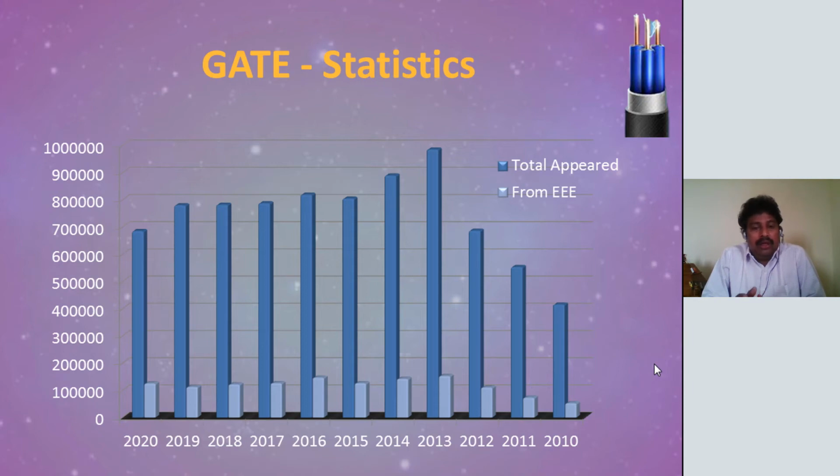If you look at the graph, around 4 lakh students appeared for the GATE examination in 2010, and the figure almost doubled by 2020. In 2020, approximately 7,56,000 candidates appeared for the GATE examination.